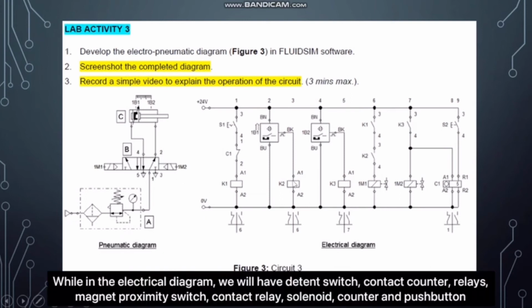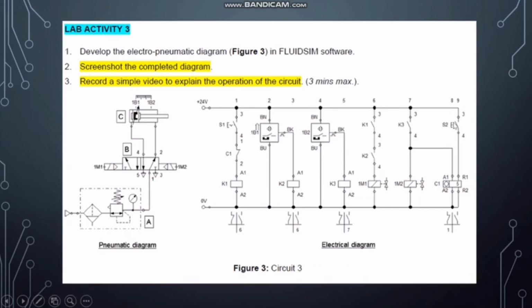While in the electrical diagram, we'll have a detent switch, a counter, a relay, a normally open magnetic proximity switch, a magnetic proximity switch, a relay contact, a solenoid, a counter, and also a push button.